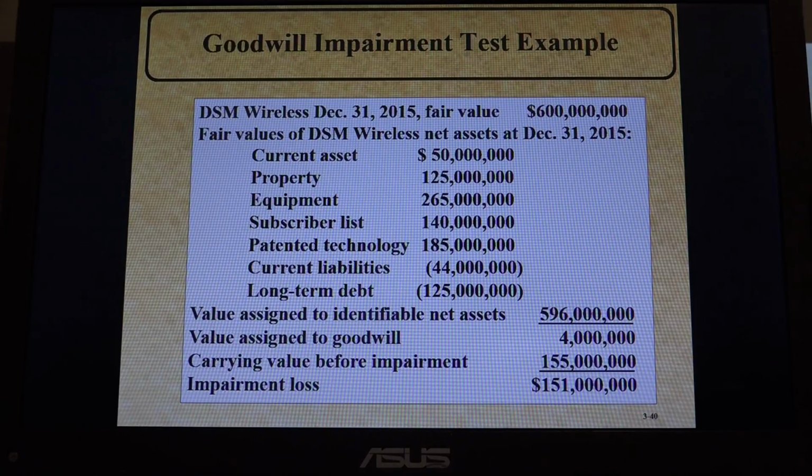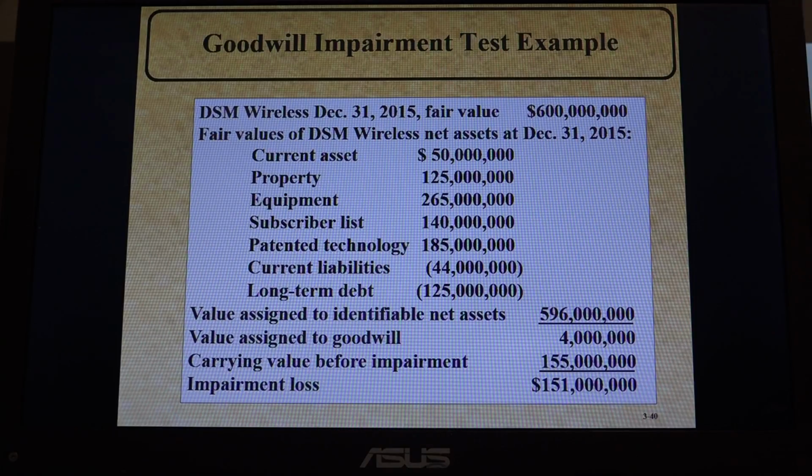And so the fair value overall of DSM Wireless is $600 million, and then they have to allocate that amount to the various fair values of the assets and liabilities of this reporting unit.